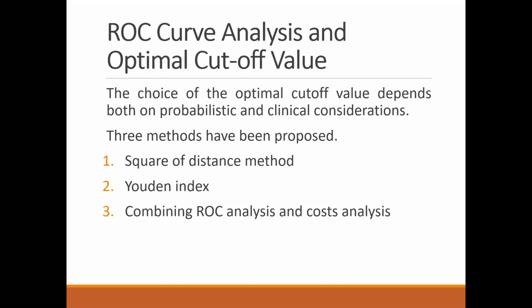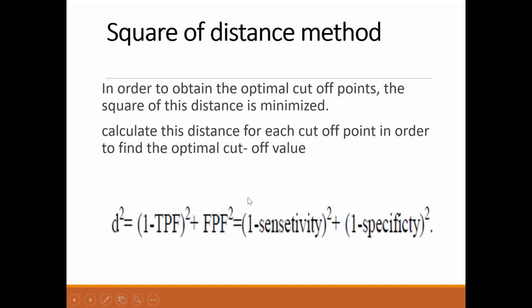Usually there are three commonly used methods: the square of distance method, Youden index method, and combining ROC and cost analysis. For example, if you want to know which BMI cutoff is important in predicting, say, breast cancer, to find that optimum value we have these three methods.